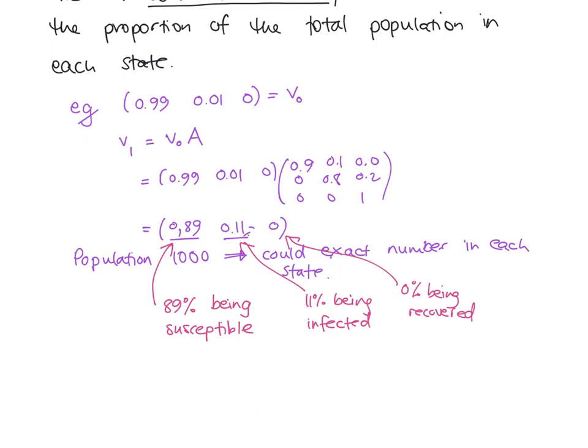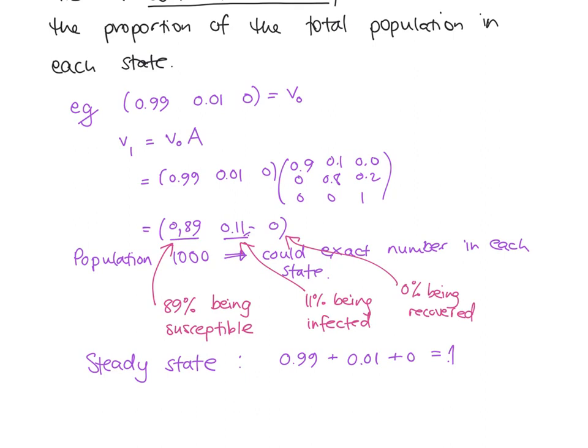If you're finding the steady state though, remember in the previous example, we used the fact that our population summed to 100. Well, here you know that your distribution has to sum to 1. So we have to have that, for example, 0.99 plus 0.01 plus 0 equals 1.